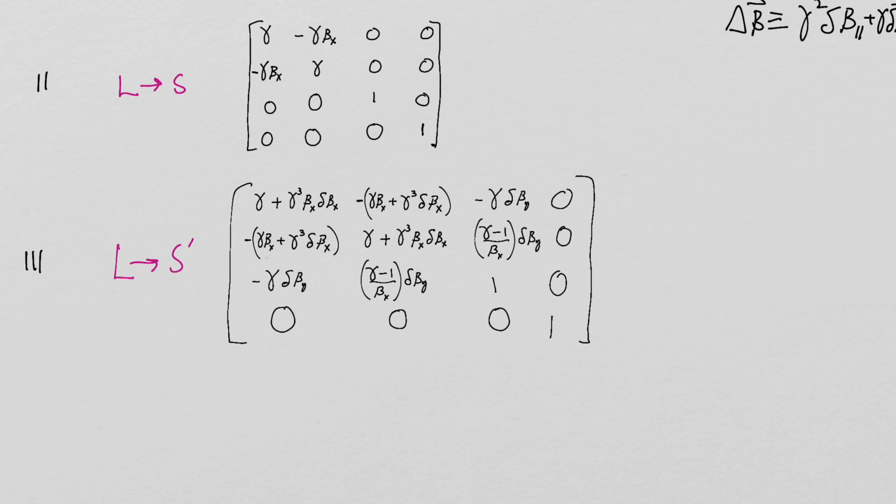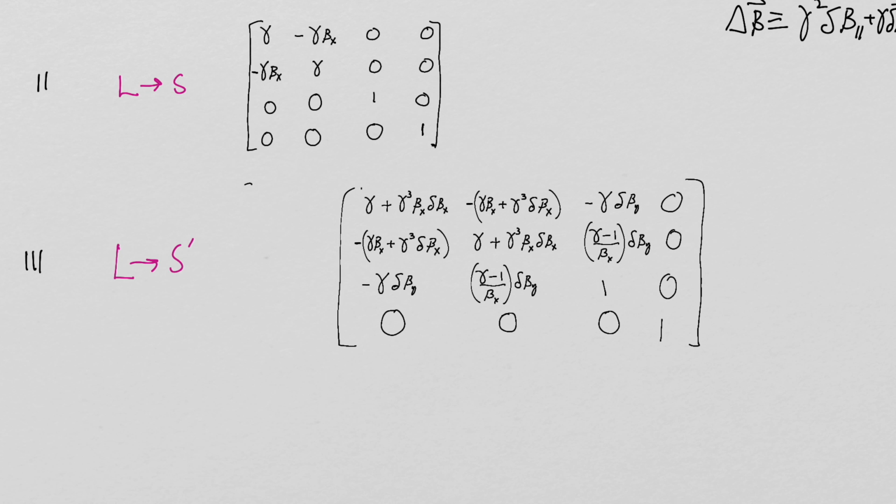That is, the lab has to execute this boost to get into S prime, and then on top of that, after it's executed this boost, it has to execute a Lorentz transformation of minus delta r. And then it will be in this purely boosted, infinitesimally stepwise electron rest frame.